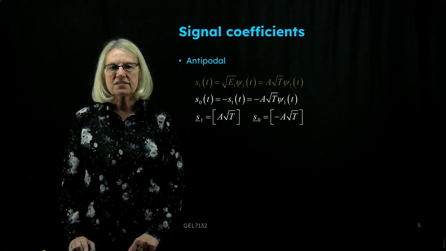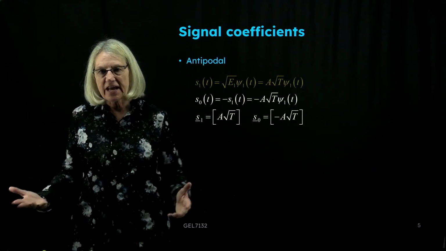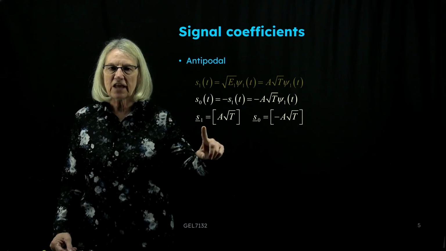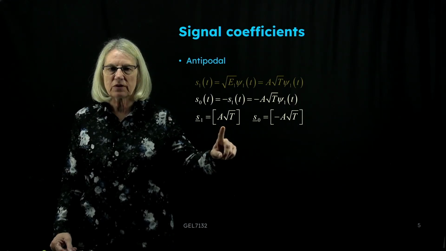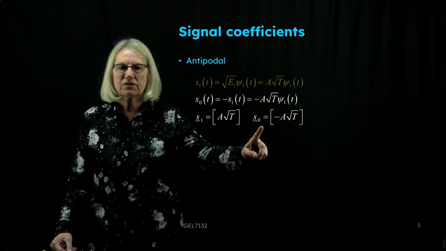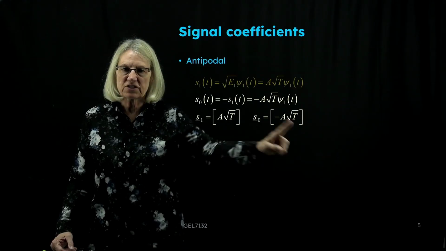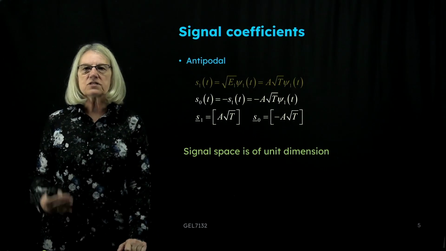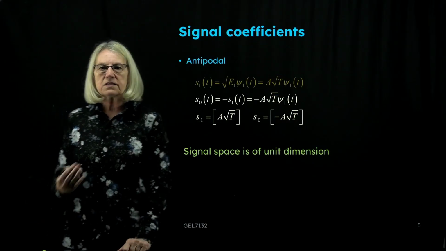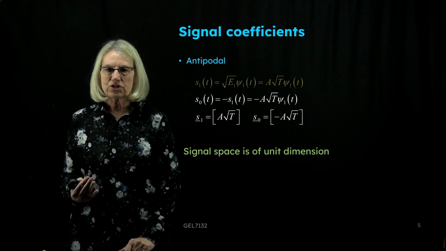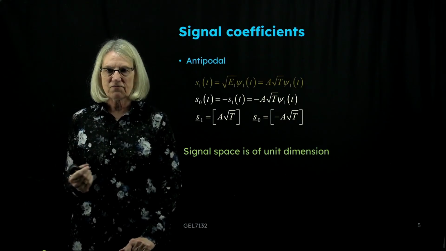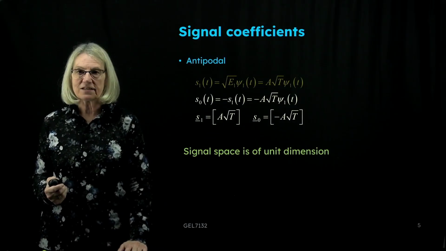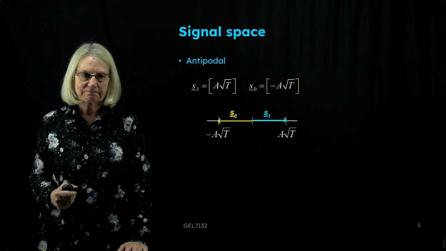So, given this basis vector, in this rectangular form, the coefficient for the logical 1 would be A times the square root of T, and for the logical 0 would be the negative. Same coefficient, but the negative of the coefficient. So again, just like in the case of on-off keying, this signal space is of unit dimension. There's only one basis vector, and it's sufficient to cover both bits in this binary system.